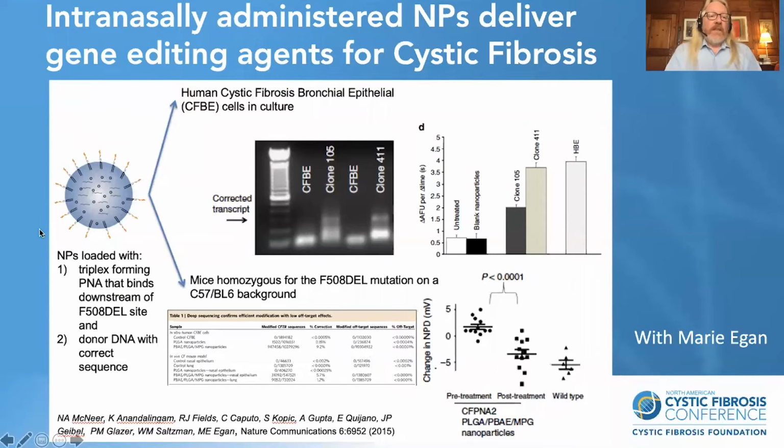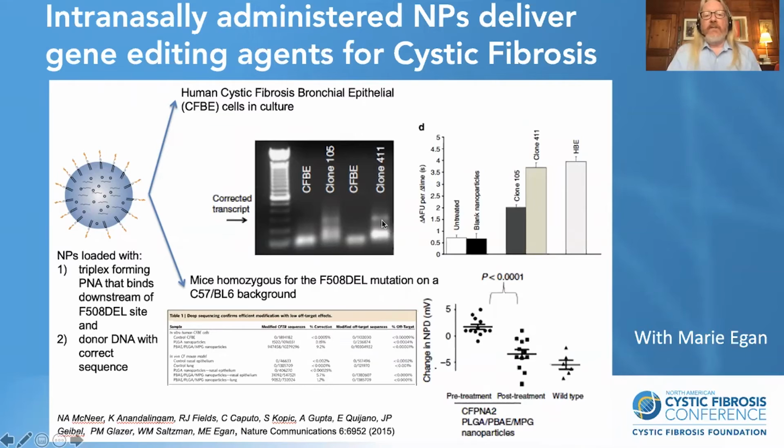We used this to treat cystic fibrosis in the animals by loading the nanoparticles with a triplex-forming PNA that binds downstream of the F508del mutation site, and we also delivered a donor DNA with the correct sequence in order to serve as a template. In human cystic fibrosis bronchial epithelial cell cultures, we identified the mutation correction in clones.